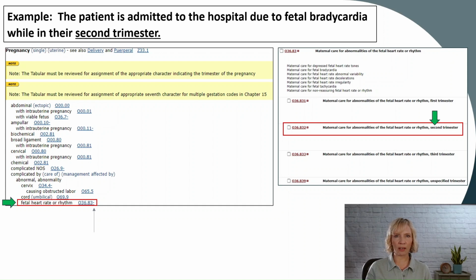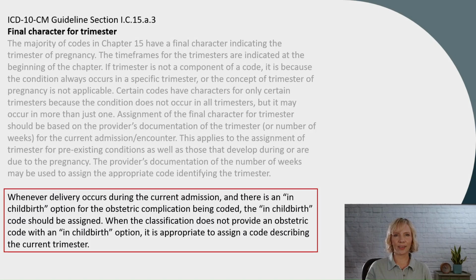In order to identify the final character, it is necessary to refer to the tabular list. Reviewing the tabular list for O36.83, we find that the specific code for fetal heart rate abnormality in the second trimester is O36.832.